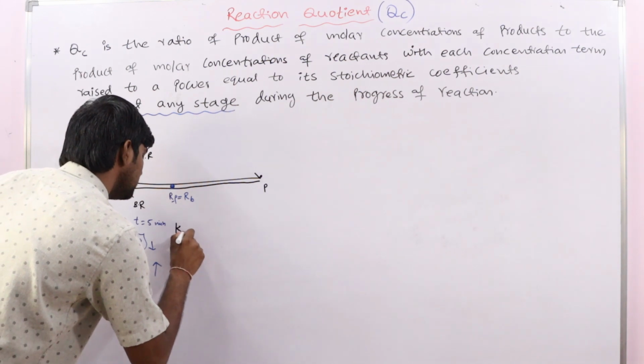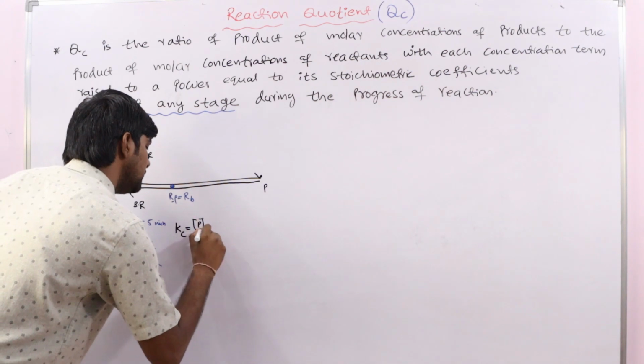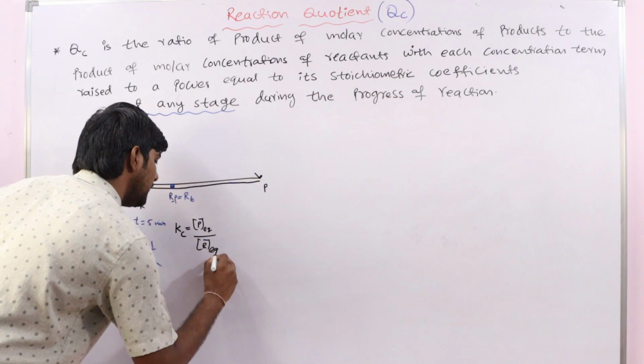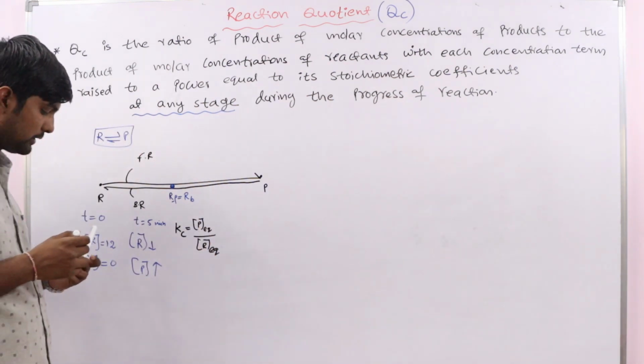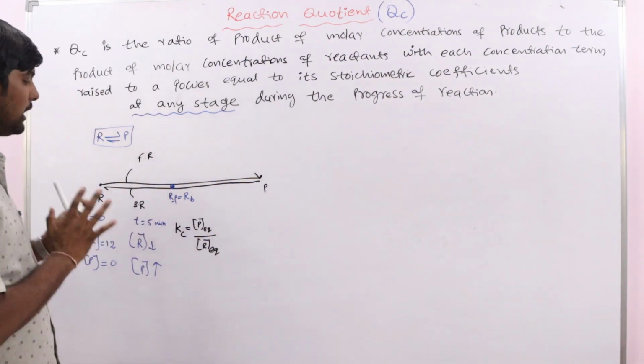Here we can write Kc. Kc is equal to the concentration of the products at equilibrium divided by the concentration of the reactants at equilibrium. As we already discussed, in the Kc expression these concentrations must be equilibrium concentrations.